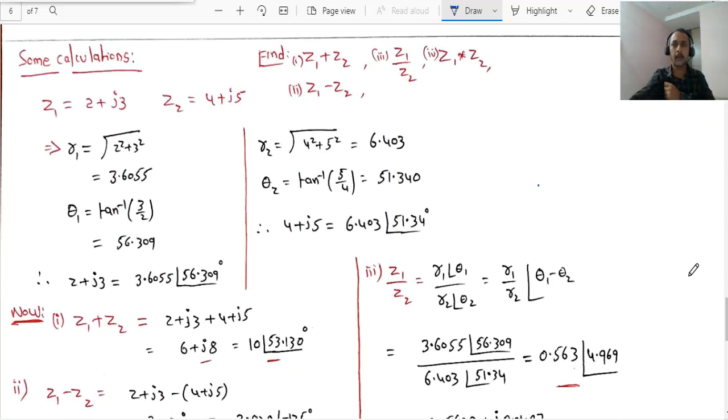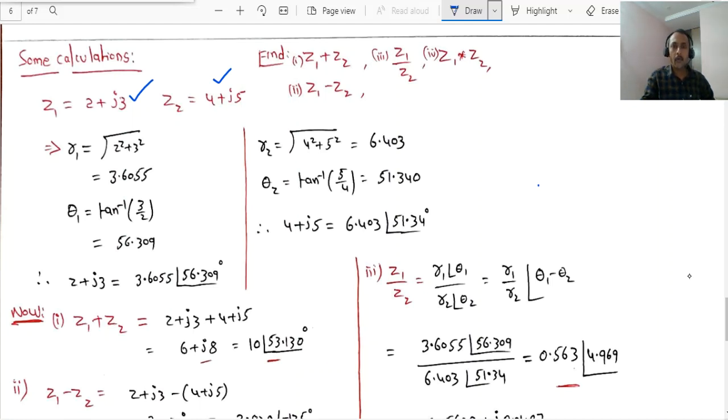Dear students, please observe, if two complex numbers are given, Z1 equals 2 plus j3 and Z2 equals 4 plus j5, now these four operations are to be performed. One is the addition, the second one is the subtraction, third one Z1 by Z2, and fourth one Z1 into Z2. Clear?